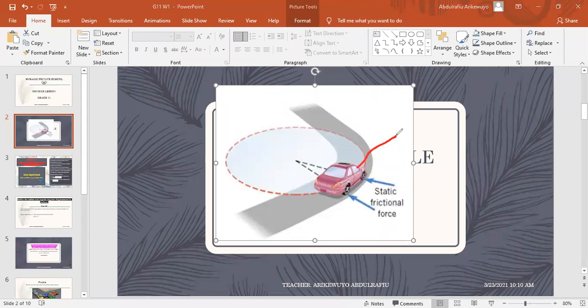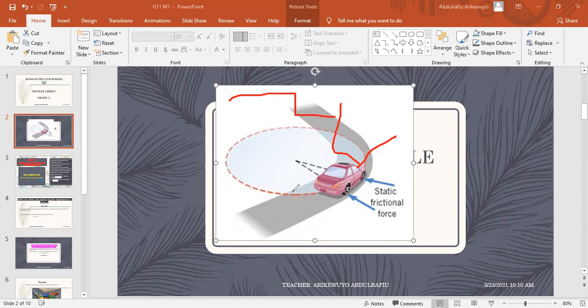But because it is in a circle, there is a force that is pulling it. The car wants to go straight, the force will pull it again. The force is pulling the car to the center of the circle.